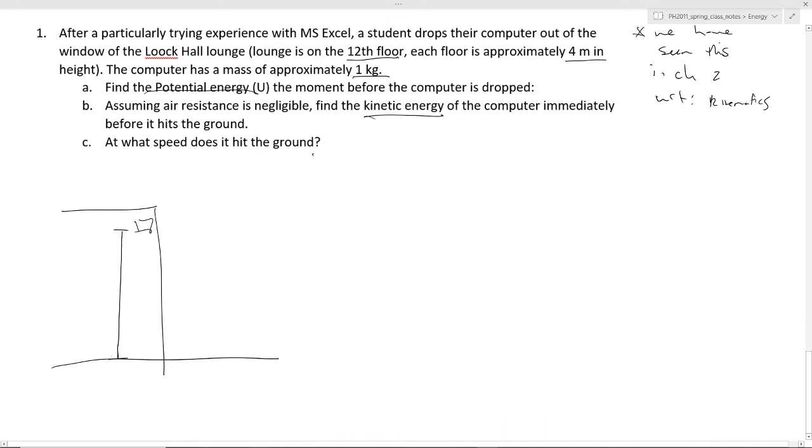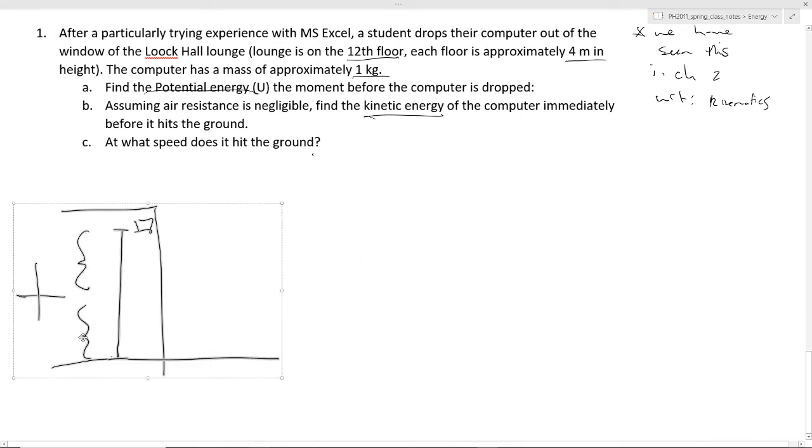Okay, so you can put it wherever you want. You could put your coordinate system here, and then when you go to do the calculations, you would find the initial potential energy would have this height, but there would also be a final potential energy that would correspond to, oh, sorry, not that height, but this height, and it would be negative.